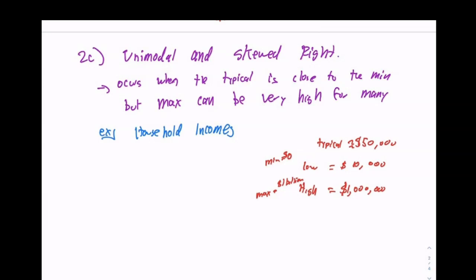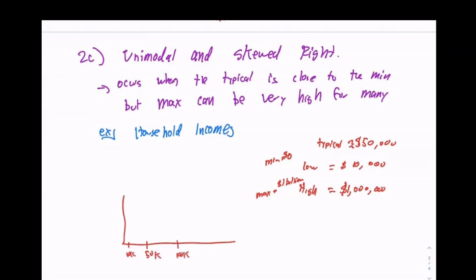So you have this typical around 50, which is much closer to the minimum than it is to the maximum. It's much closer to what you would deem low than what you would deem high. Maybe you say $250,000 is high, but I think we still get the point across. So I have 50,000, or I'll put it as K: 10K right here, 50K right here, 100K, and so forth.